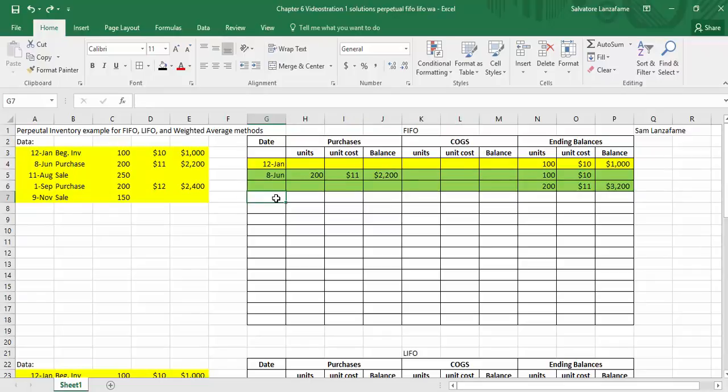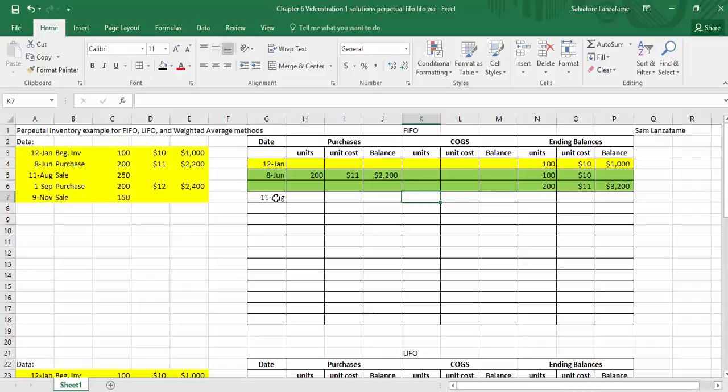Okay, so in terms of FIFO or LIFO, we actually don't have any change in answer to this point. You don't see FIFO or LIFO rear its ugly head until you sell. And now we're about to sell. So you've noticed it says here August 11th, and we are going to sell 250 of them. Well, if I look at my green ending balances, I've got 100 at 10, I've got 200 at 11.